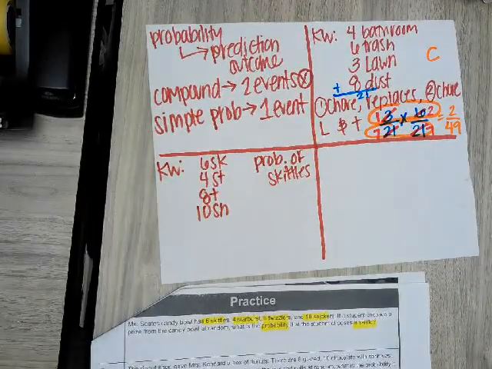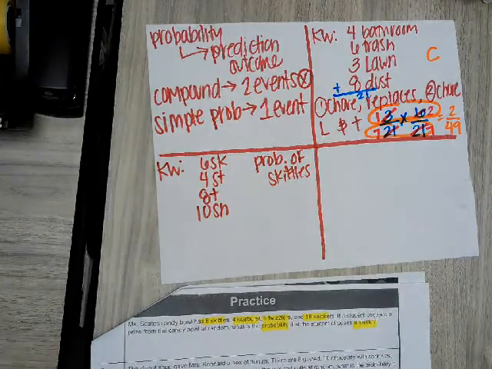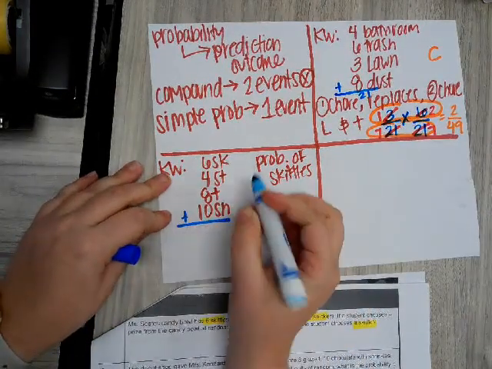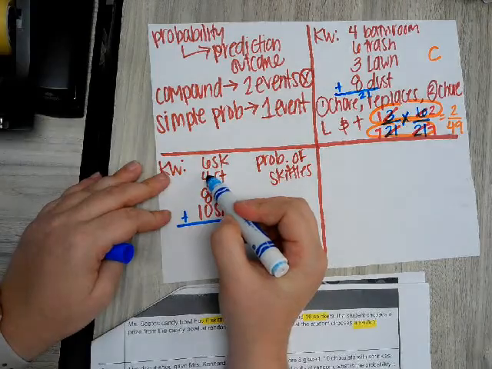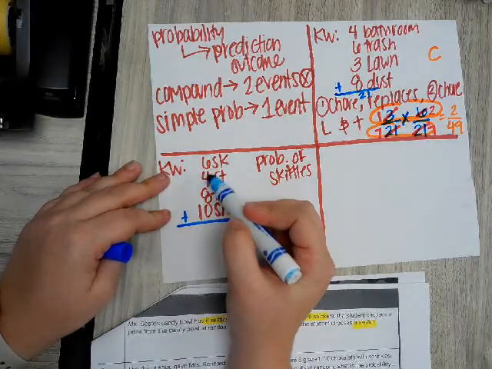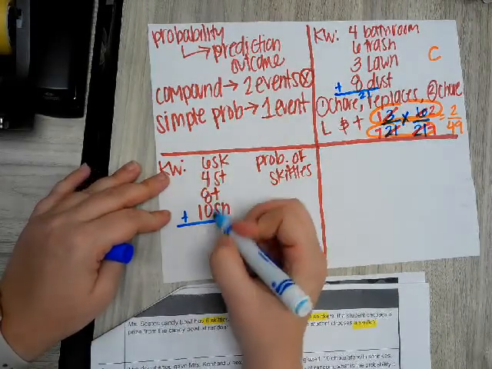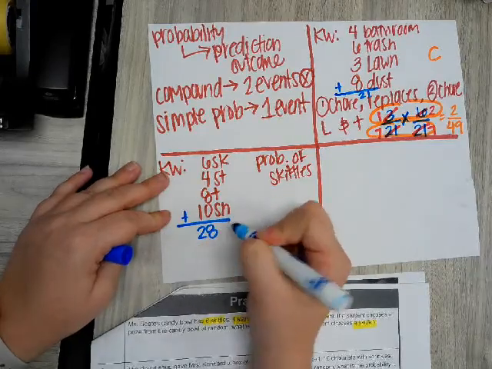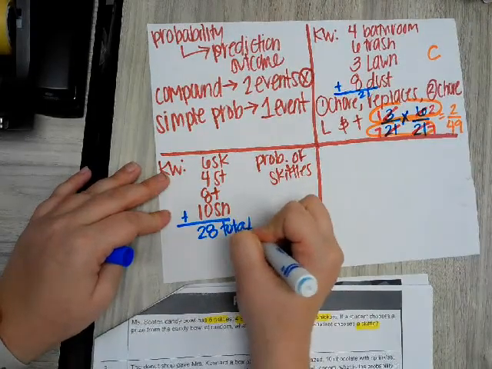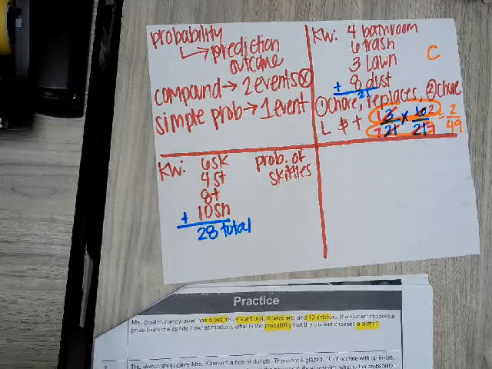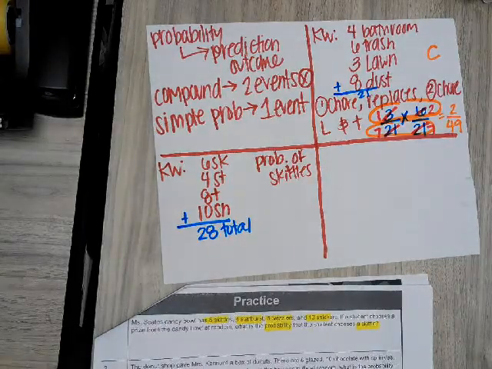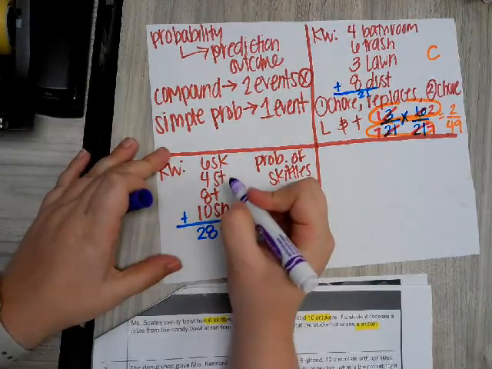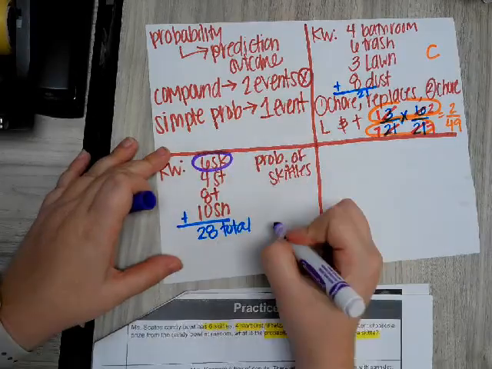So let's go ahead and add up all our candies together. 6 plus 4 is 10, plus 8 is 18, plus 10 is 28. Okay, she still wants the probability of Skittles. So I have 6 Skittles, so we have 6 out of 28.